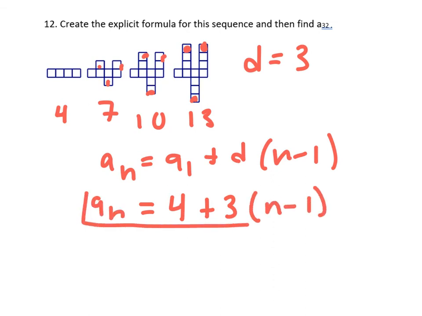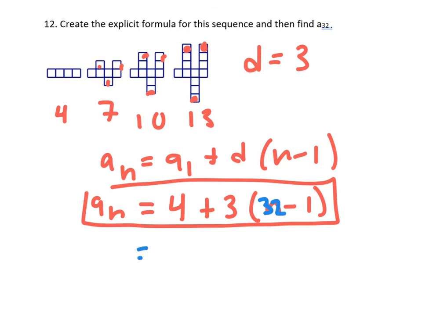That's our formula, the explicit formula. And then what we're going to do is put in a 32 here. And so we get 4 plus 3 times 31. So that's 93, and 4 more is 97 would be our answer.